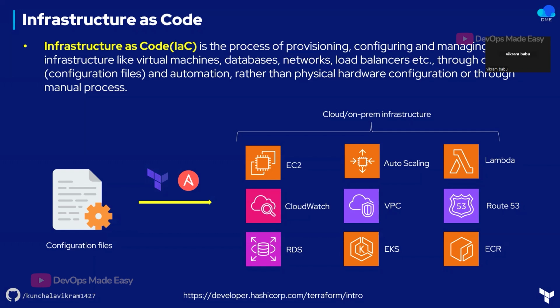Instead of manually doing it, which is hard to reproduce, we use code. Since it is code, we can use the same code across multiple environments, so you can be sure that a similar kind of infrastructure will be set up across various environments, because you now have the configuration in the form of code.